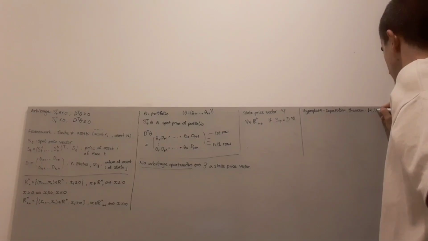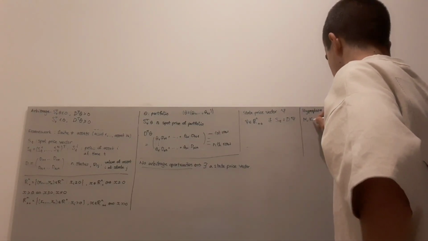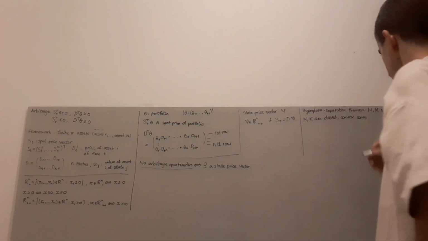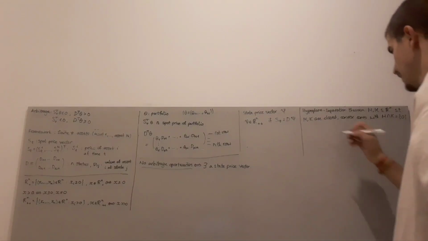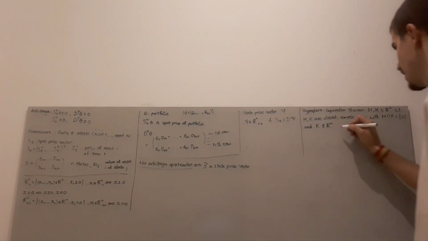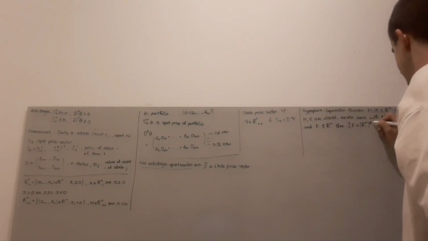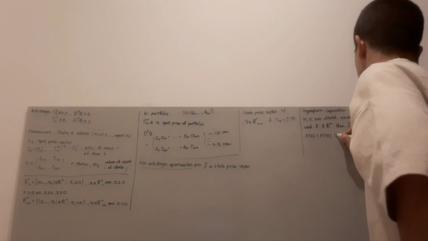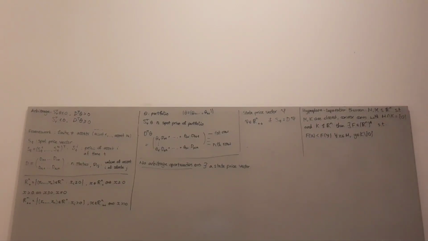If we have M and K that are subsets of Rn such that M and K are closed convex cones, with M intersect K equal to 0, just the zero vector, and K not being a subspace of Rn, then there exists a non-zero functional f such that f(x) is strictly smaller than f(y) for all x in M, y in K without 0. This is what the theorem says.